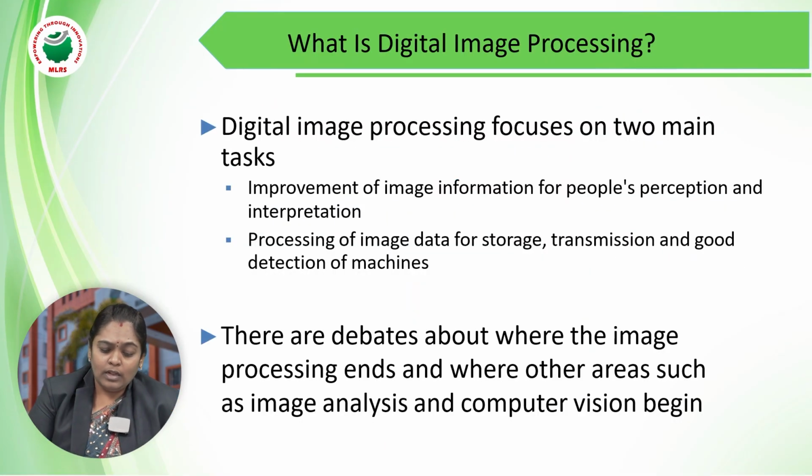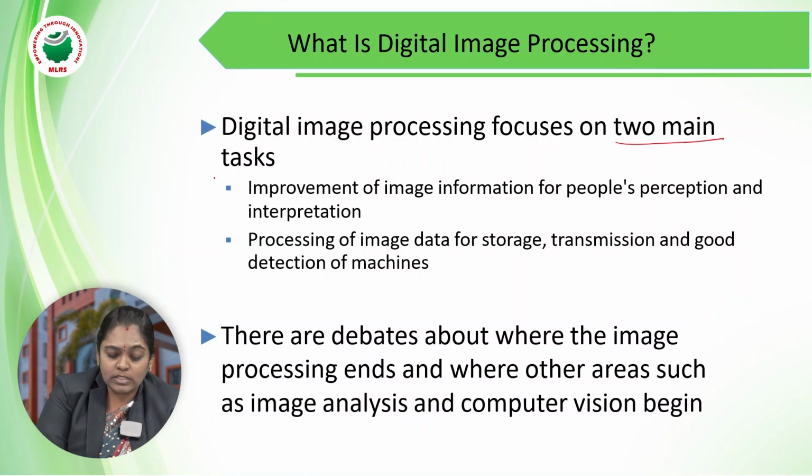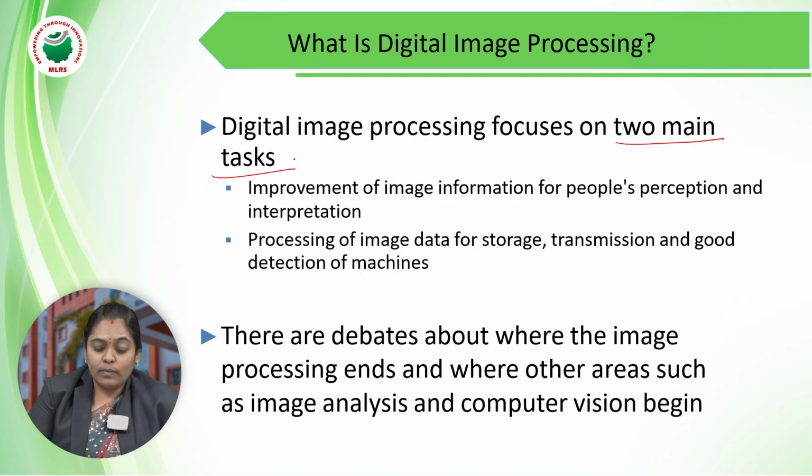Now, whenever we are performing some processing on a digital image, there are two main tasks we need to focus on. The first thing is, as I told you, that we are acquiring an image. Acquiring is nothing but taking pictures using a camera.